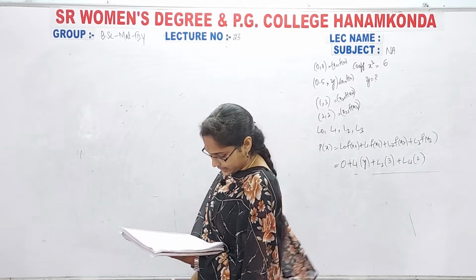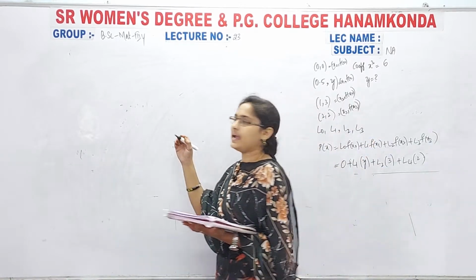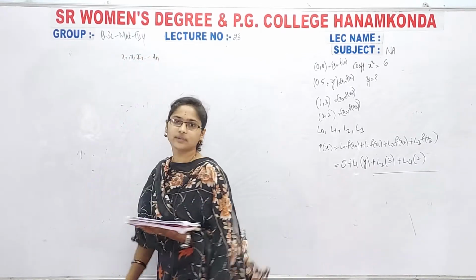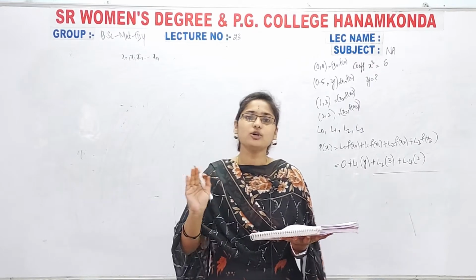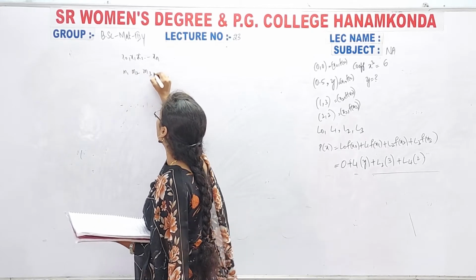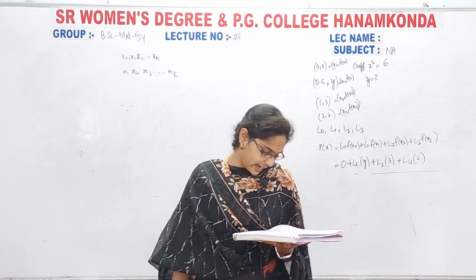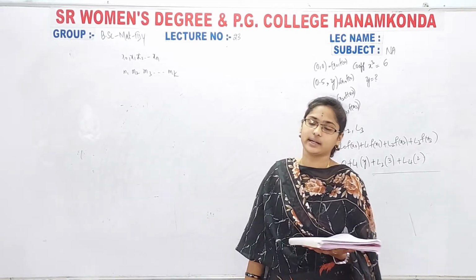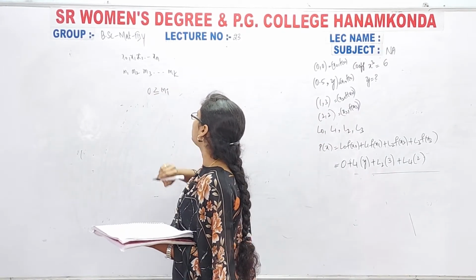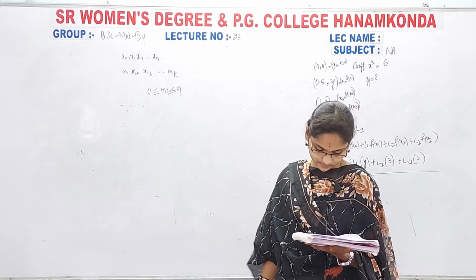Definition. Let f be a function defined at x0, x1, x2, and so on up to xn, and suppose that m1, m2, m3, up to mk are k distinct integers with 0 less than or equal to mi less than or equal to n for each i.